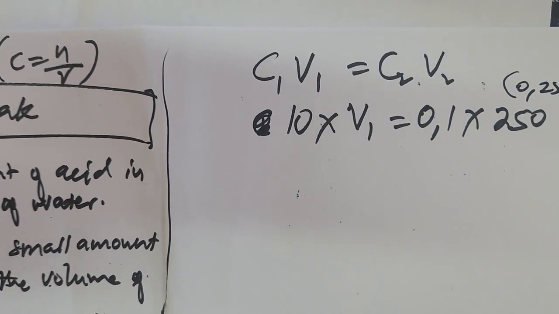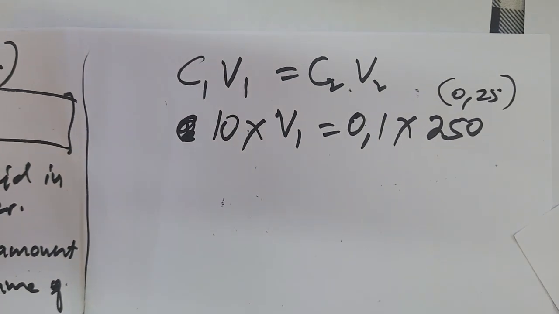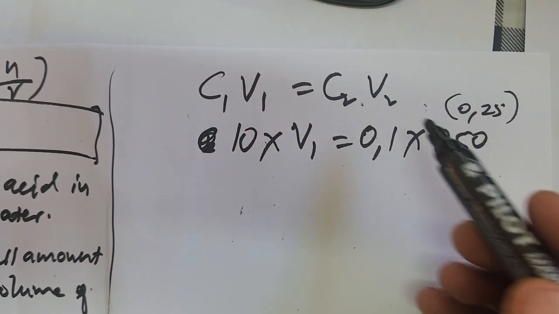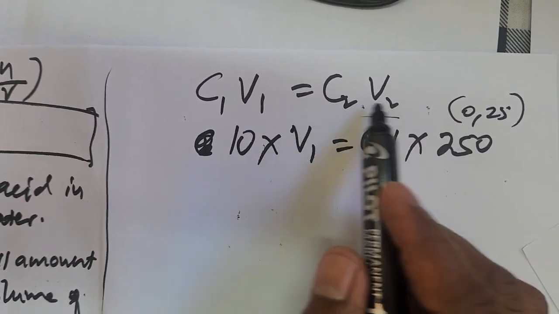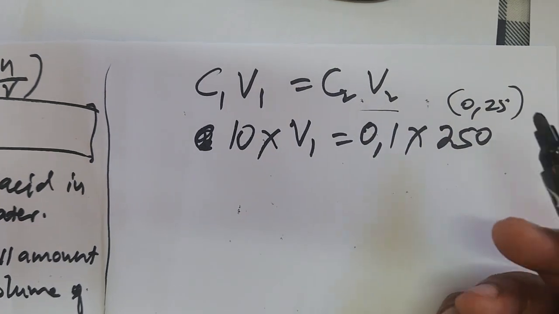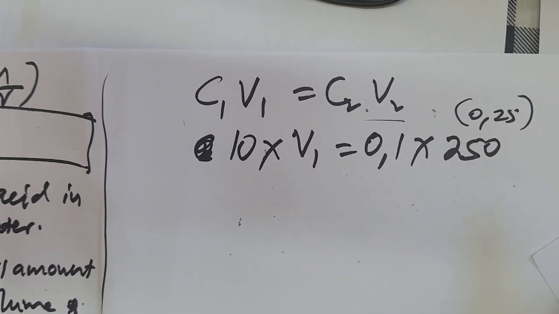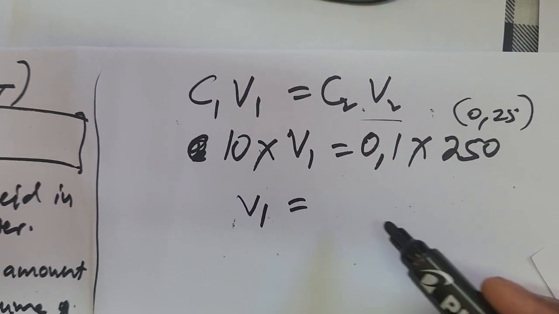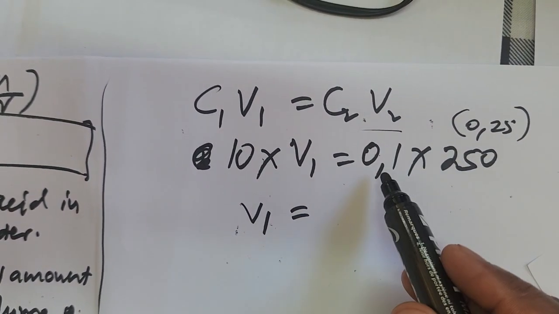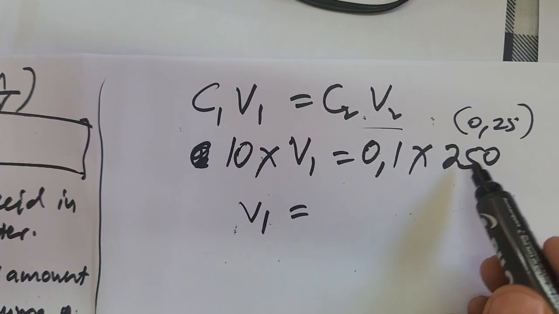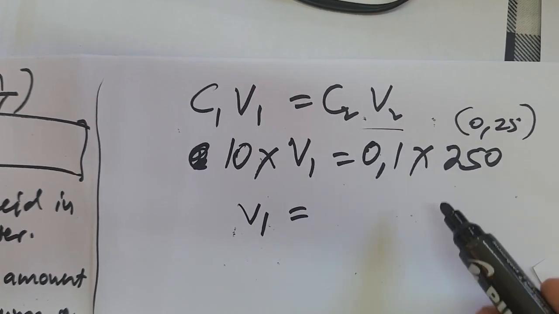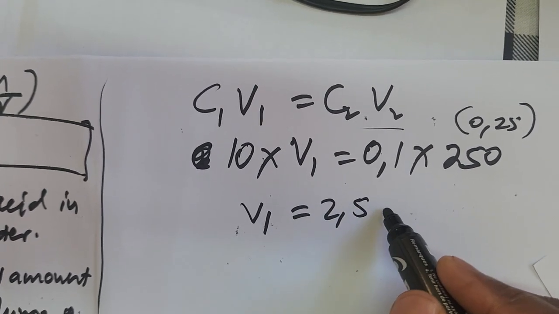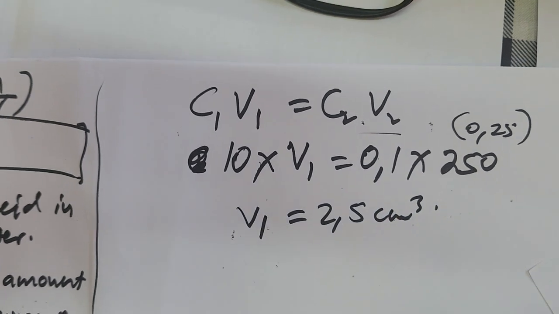It gives the same, because there's an argument that since there are two volumes, the cubic centimeter will cancel out, and another argument that to find the number of moles you need to multiply concentration by decimeter cube, not cubic centimeter. So there are always those two schools of thought. So V1 will be 250 multiplied by 0.1 divided by 10, which is around 2.5 cubic centimeter, which is half a spoon.